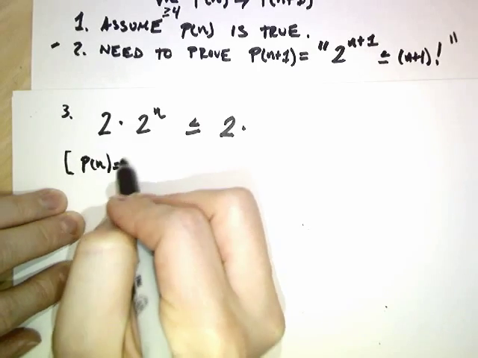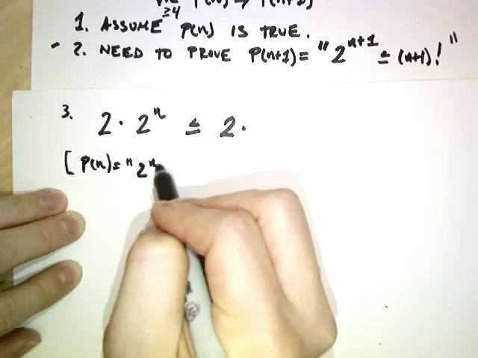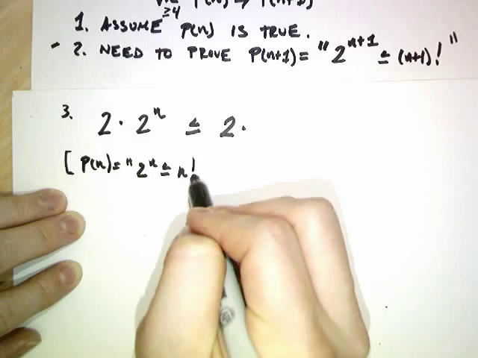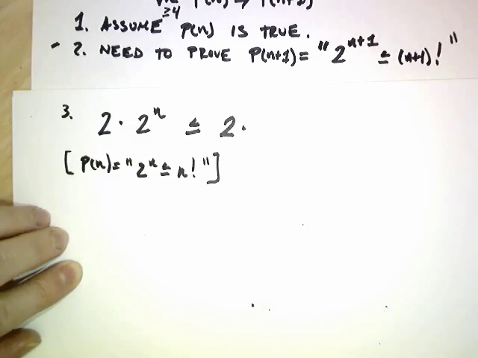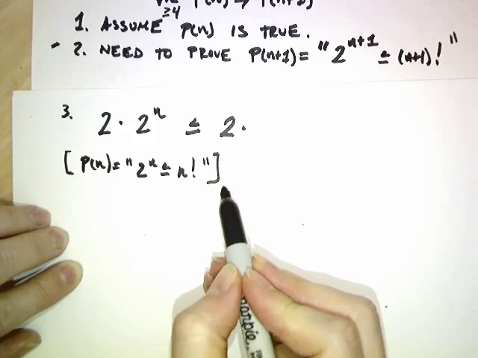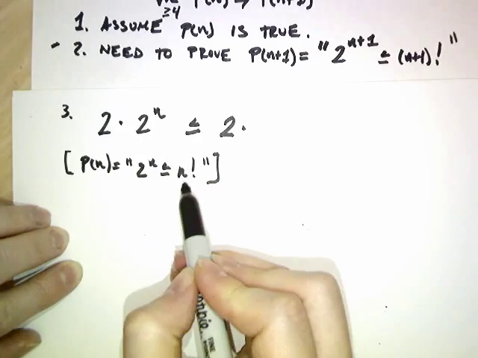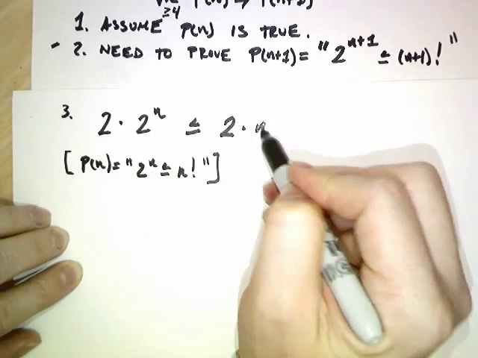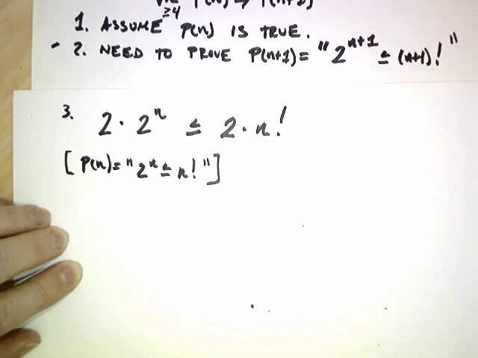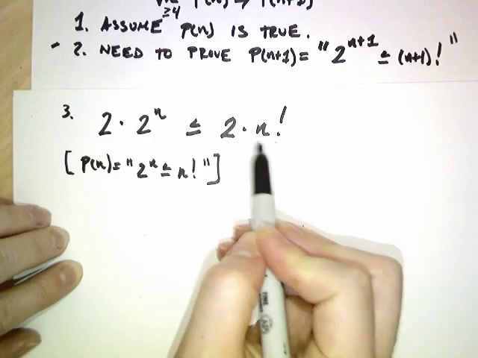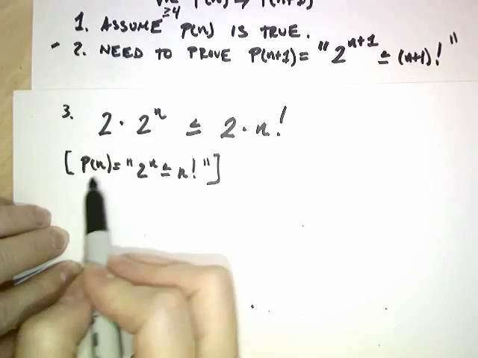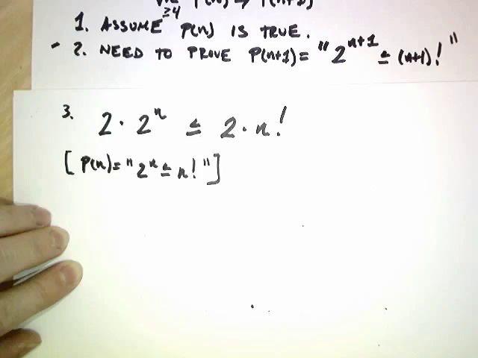P of n says that 2 to the n is less than or equal to n factorial. So by using this fact, we know that 2 to the n is less than or equal to n factorial. We can then replace 2 to the n with n factorial, because this number here, n factorial, is larger than 2 to the n. That's what P of n says, and we assumed that P of n was true.